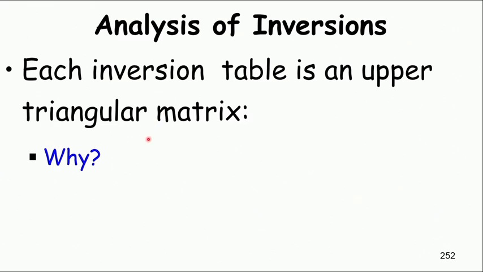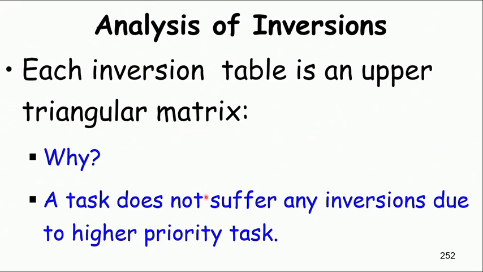Okay, the answer is that a task does not suffer any inversion due to higher priority tasks. If a higher priority task is using a resource, the lower priority tasks need to wait. That is not an inversion. The inversion occurs when a low priority task is using a resource and a high priority task is waiting.